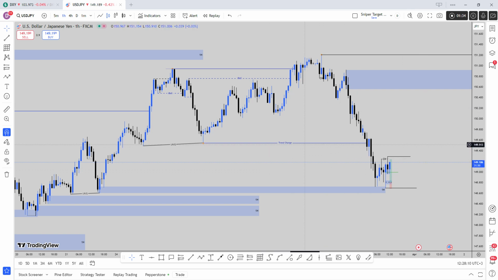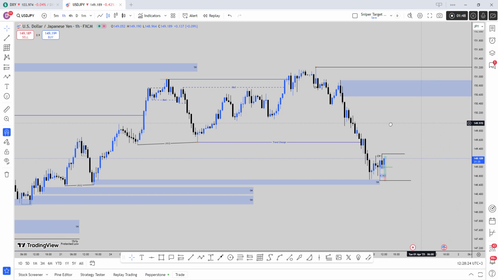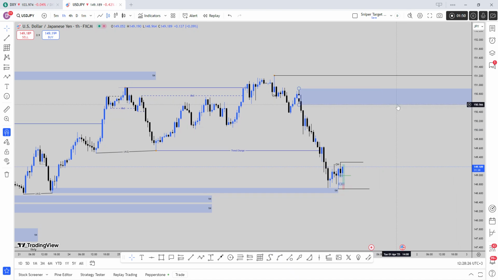Once you got that trend change, now the trend reversed and now we are bearish. So our expectation is that price will move to the upside, put in that lower high, and then continue to the downside. At least we are expecting price to come all the way to the upside, at least to this supply zone. All right.